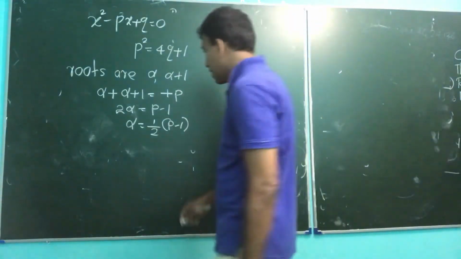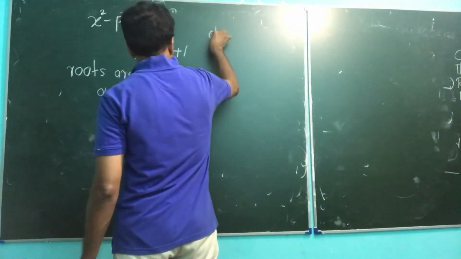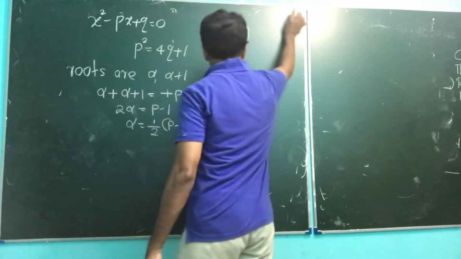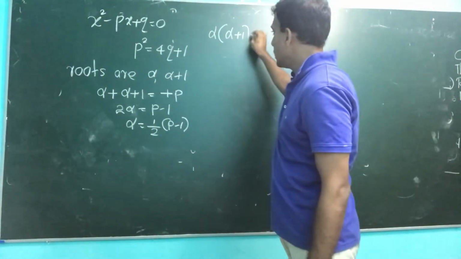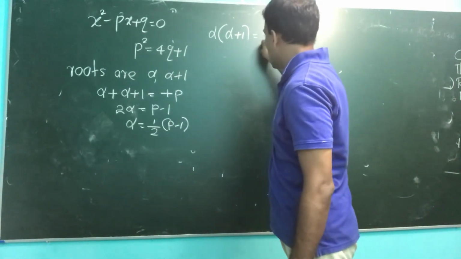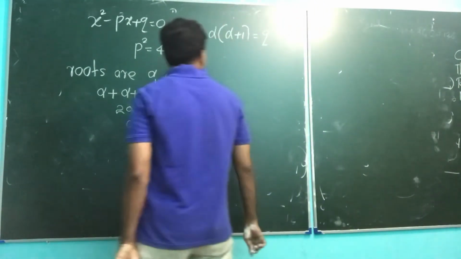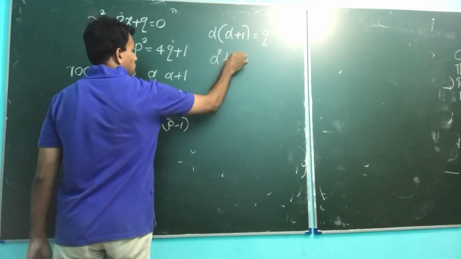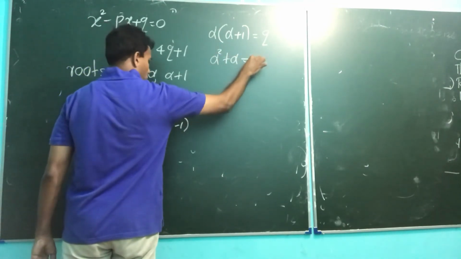Next, the product of the roots, alpha into alpha plus 1, is the product of the roots c over a, therefore q only, right? In this case you can say alpha square plus 1 alpha equal to q.